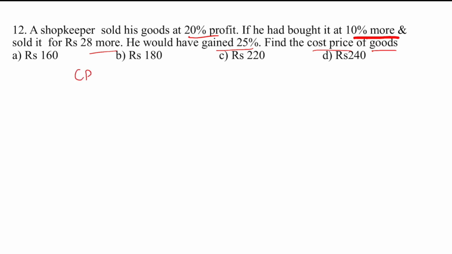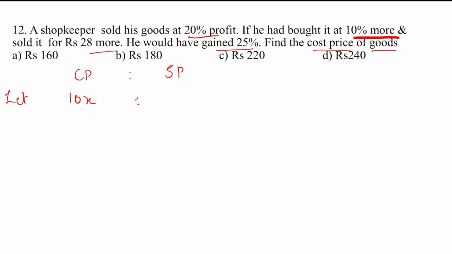So cost price is to selling price. We don't know the cost price, so let the cost price of the article be 10x, and he is having 20% profit. Means he has sold at what amount? 20% profit, means don't add 10 plus 20 to make 30.